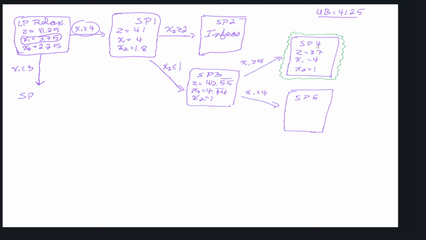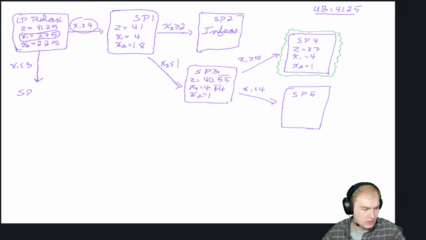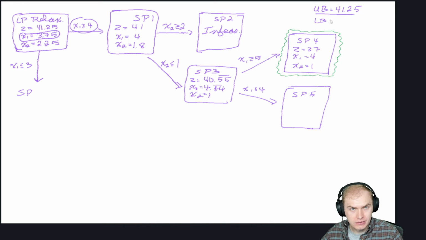We don't know yet whether it is optimal. We found an integer solution, but it might not be the best integer solution we can find. So what we do is we write down lower bound equals 37.